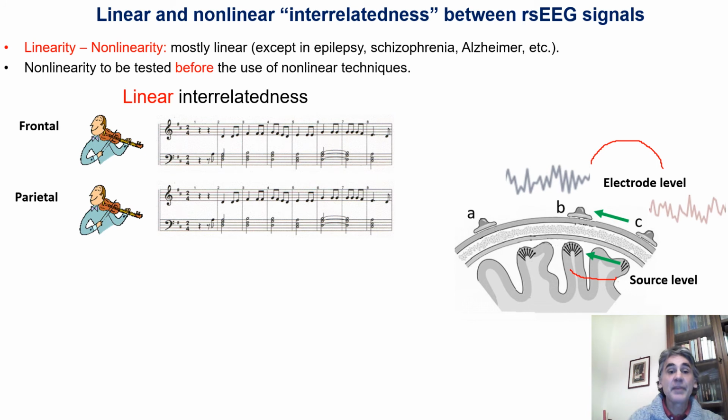The procedures are based on linear or nonlinear assumptions. The resting state EEG activity is mostly linear in humans, but there are some exceptions in patients with epilepsy, schizophrenia, Alzheimer's, and other diseases. So nonlinear assumptions should be taken into account.